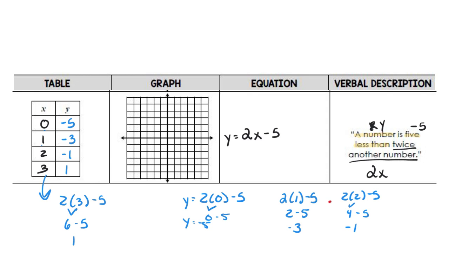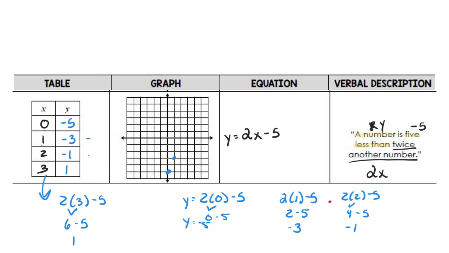Now I graph those. So starting at 0, if my x is 0, I don't go left or right, and just negative 5. 1, 2, 3, 4, 5. There's my first point. My second point right here, I have 1, so 1 is my x value. I go to the right one, and then negative 3, so I go down. 1, 2, 3. There's that one.